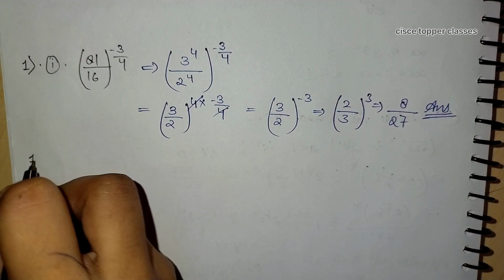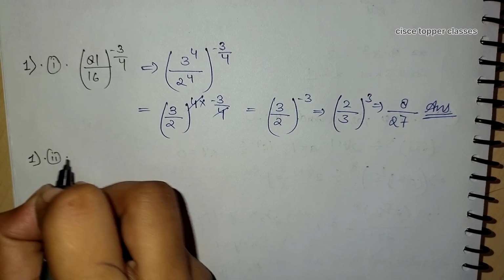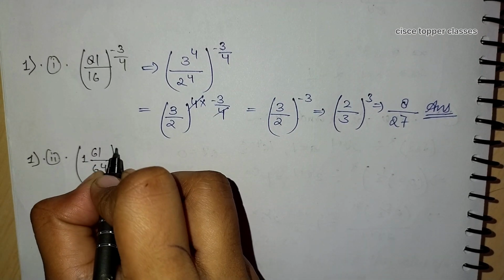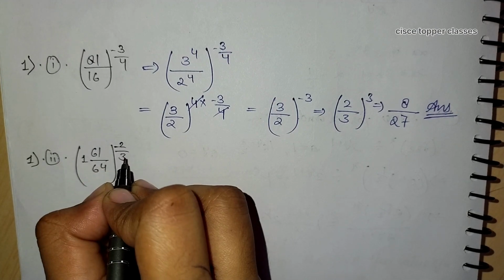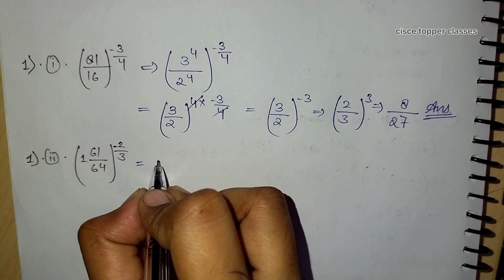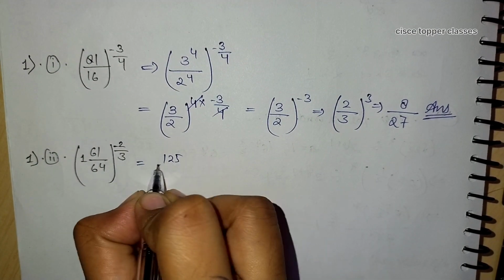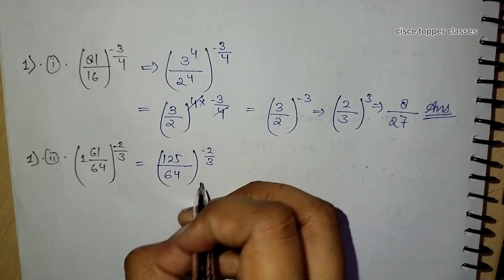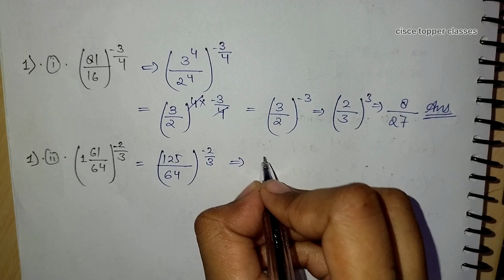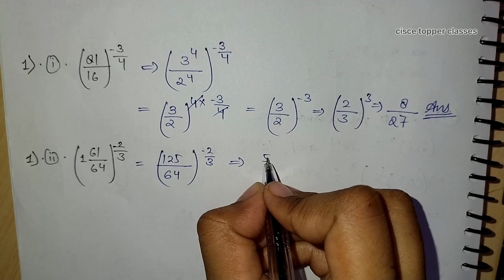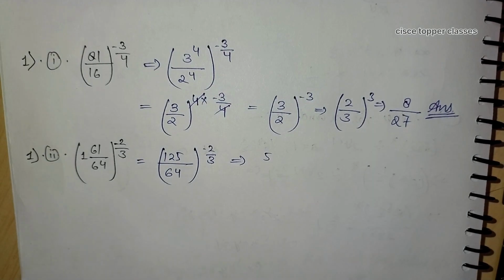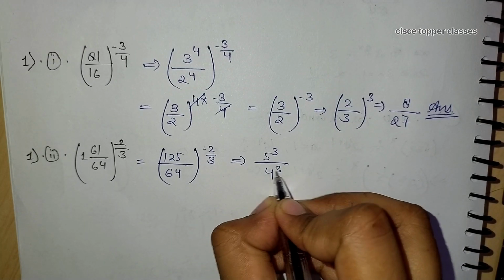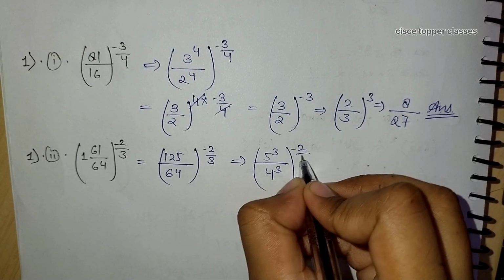Now, the second part of the first question is (125/64)^(-2/3). Here we can write it as (5^3 / 4^3)^(-2/3).